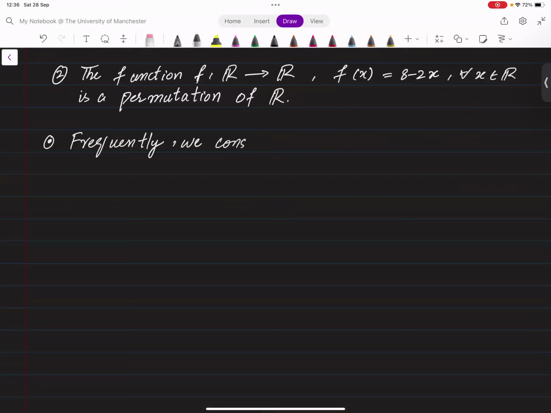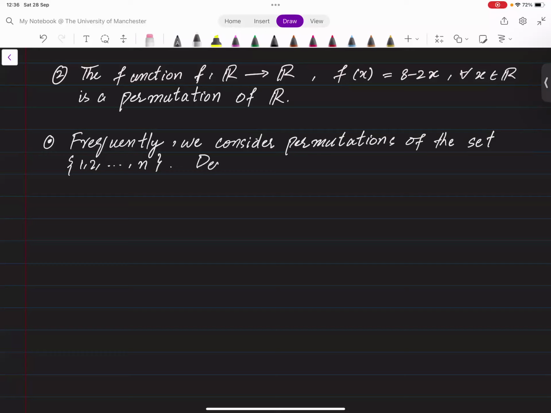Now, frequently we consider permutations of the set which has elements 1 to n.